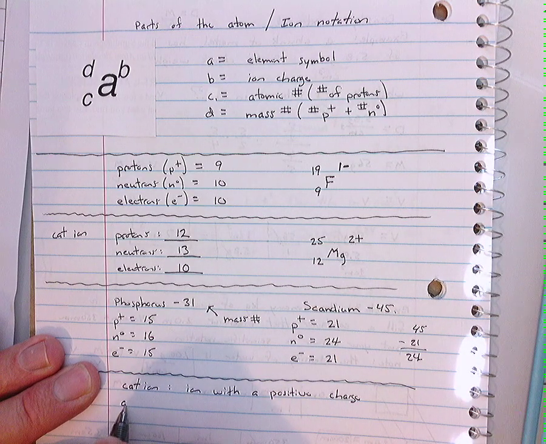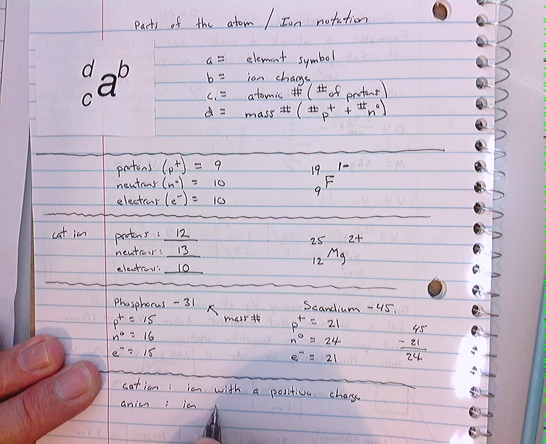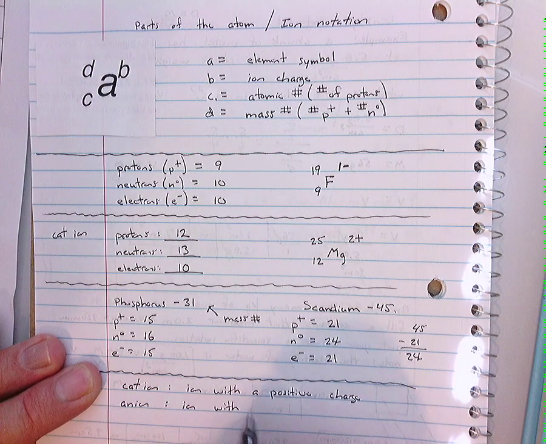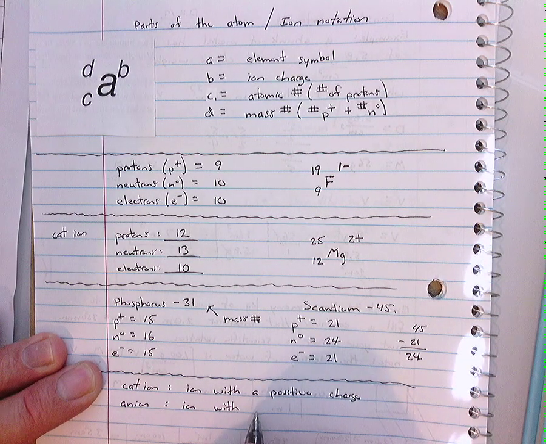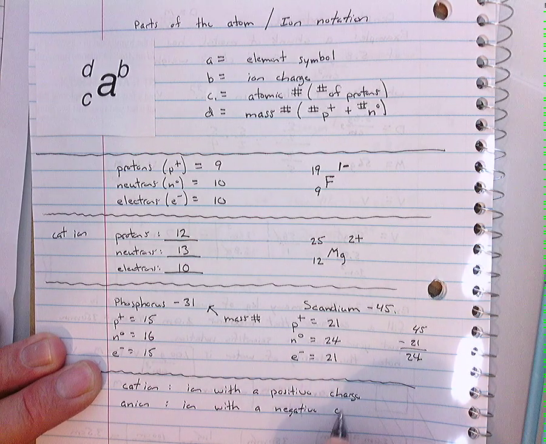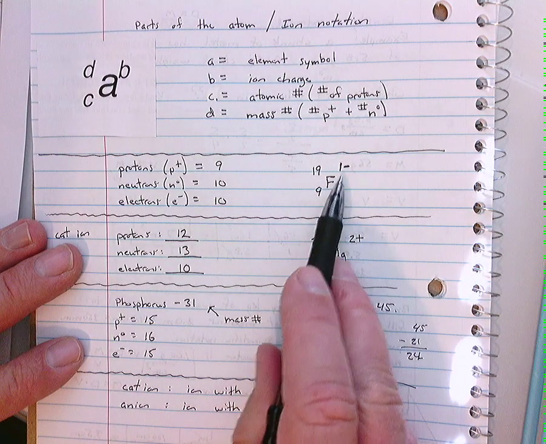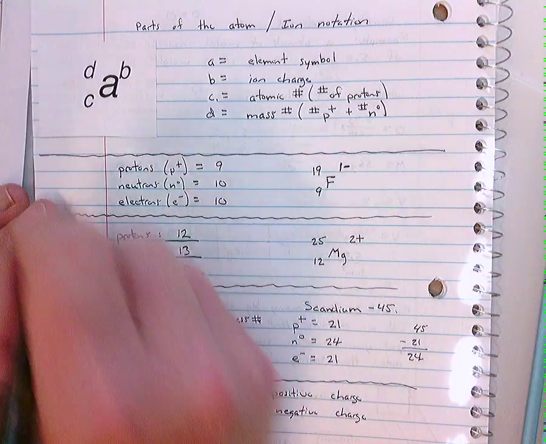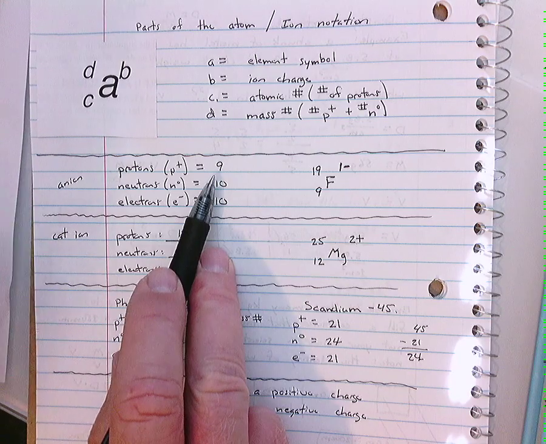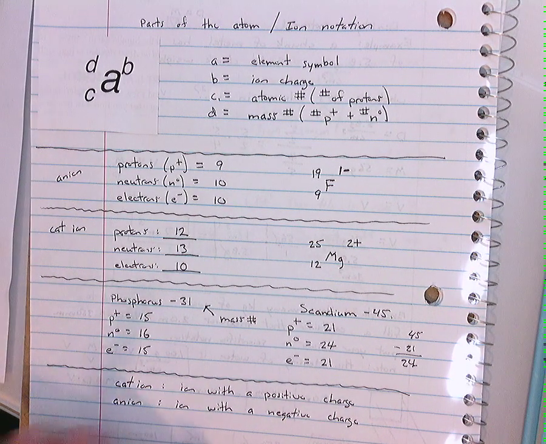And conversely, an anion is an ion that has somehow gained an electron to become an ion with a negative charge. So up here, this F1 minus is an anion. It's got one more electron than proton. That's pretty much what we need to know about parts of the atom and ion notation.